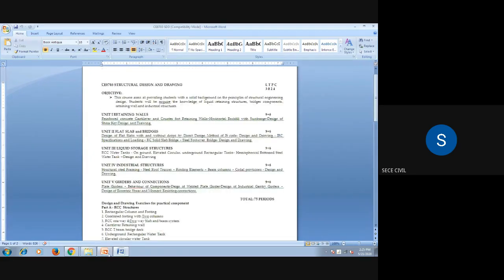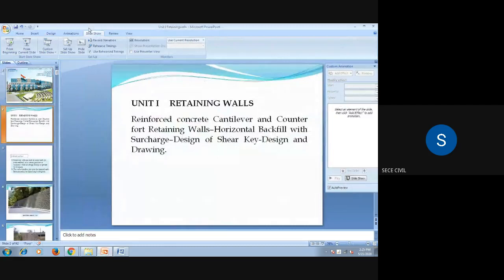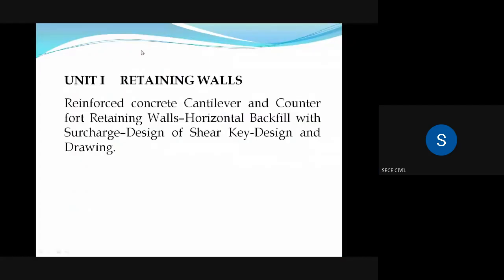So unit one is retaining walls. In unit one, we are going to study reinforced concrete cantilever and counterfort retaining walls. Two designs will come: the ordinary cantilever retaining wall and the counterfort retaining wall.